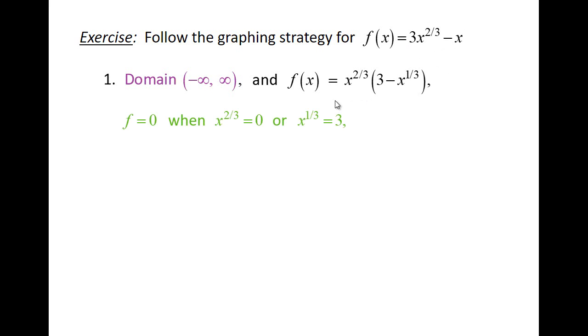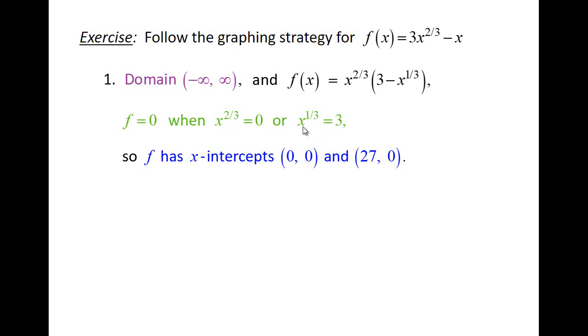Okay, so now notice that f of x would be 0 if either x to the 2/3 is 0, which would simply mean that x is 0, or when x to the 1/3 is 3, that would mean that x is 9.